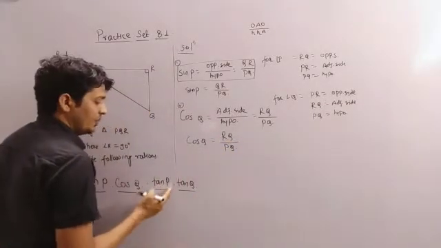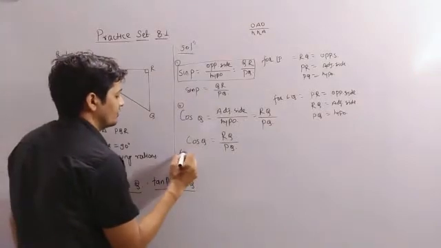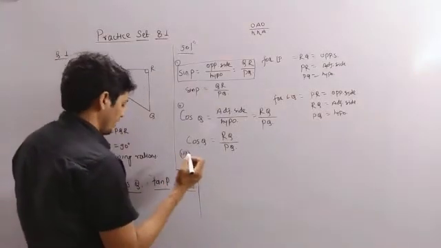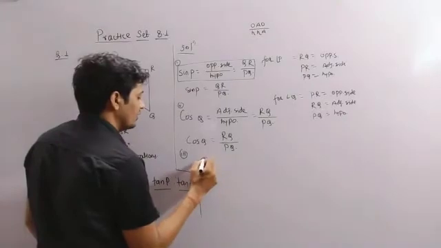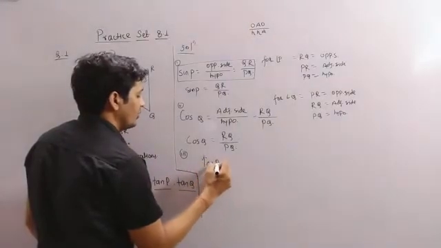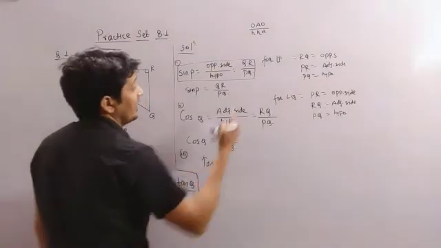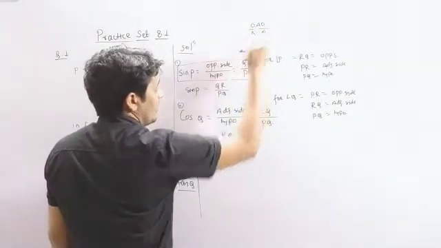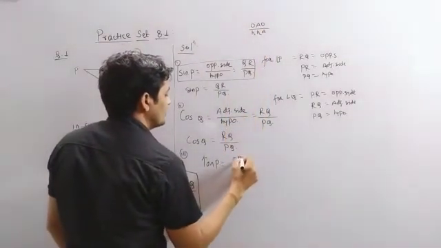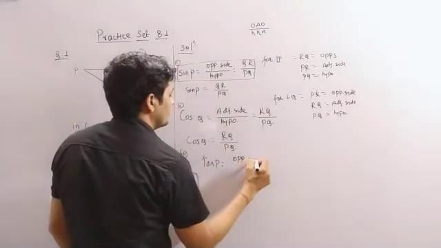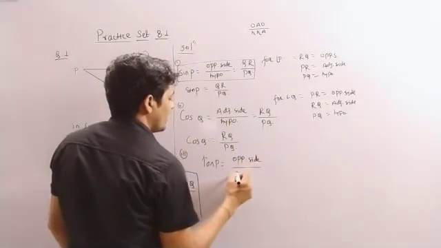Now for tan P, third, we have to evaluate the value. What is tan theta? It is opposite side divided by adjacent side.